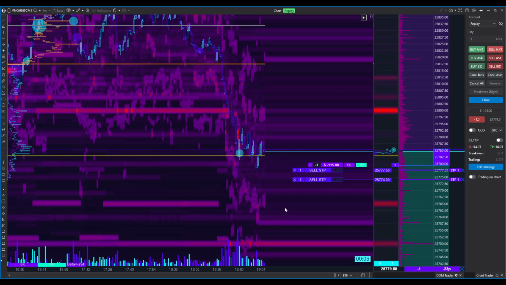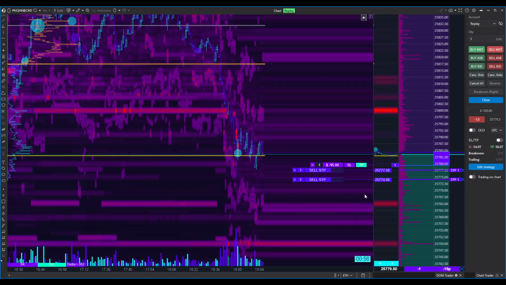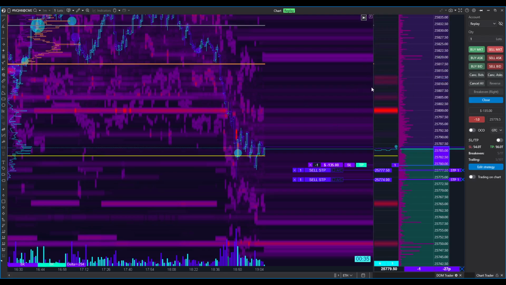So pulling and stacking, I don't know if you've heard of it, but that's when they pull their orders from below or above, and then they stack on the opposite end. The top here, that's the bid, the ask.